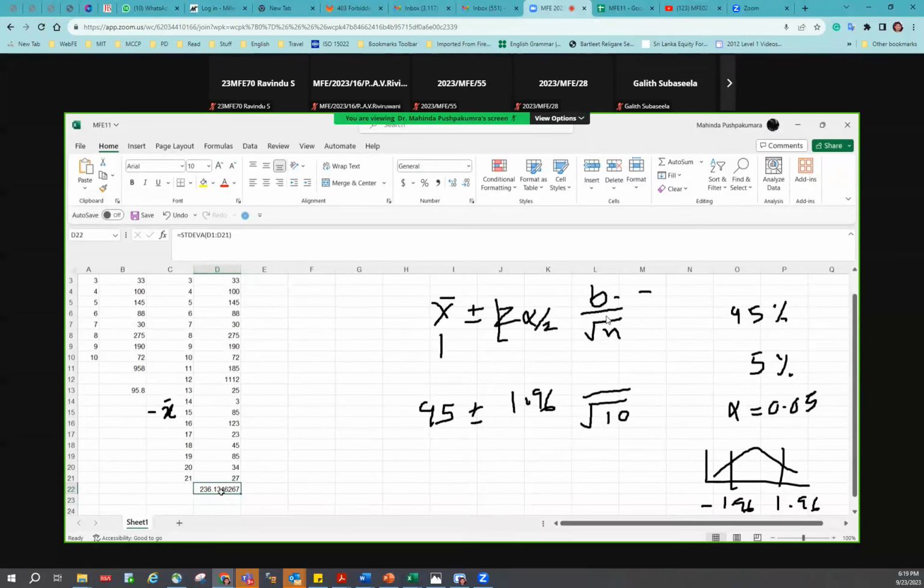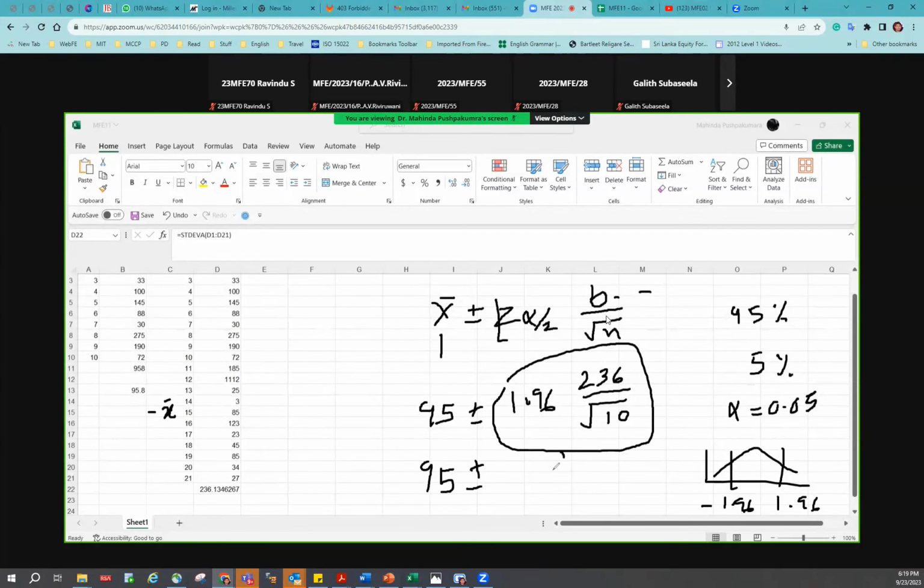The standard deviation is 236. Okay, then please calculate the answer. Then 95 plus or minus, what is the answer for this?